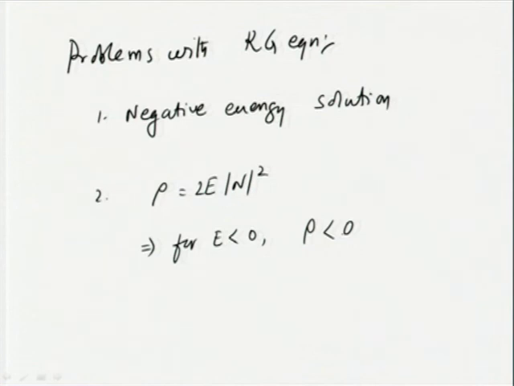How do we interpret rho then, as a probability density?